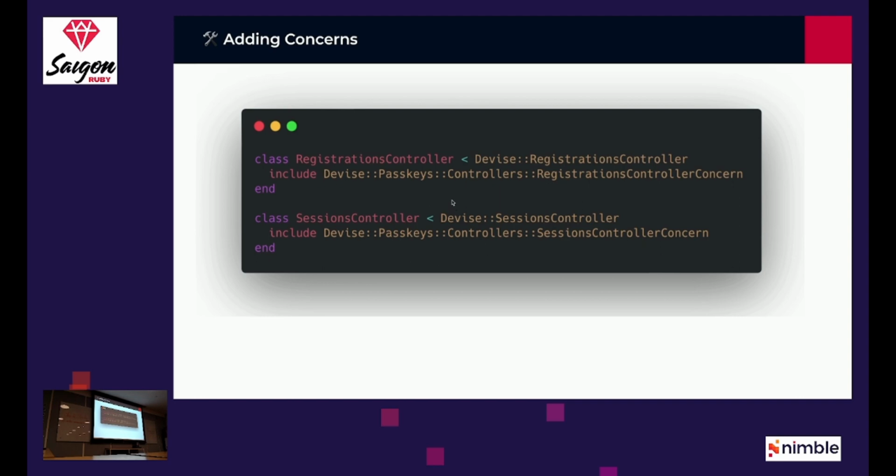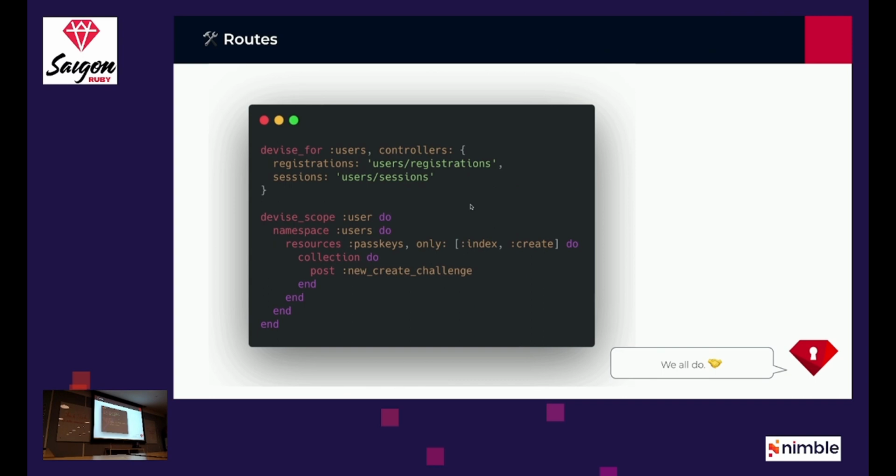And on the controller side, we also need to add more concerns. Those concerns give us the endpoints listed above. Here we also need to define the extra routes for Passkey in the routes file, so the client can work with that.